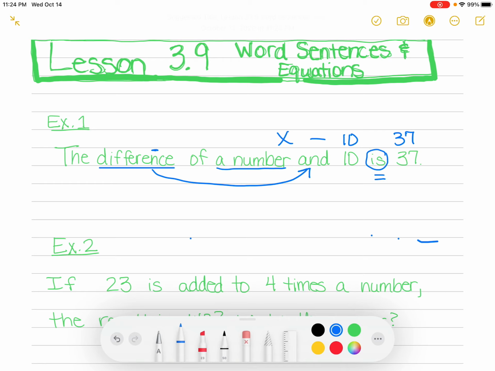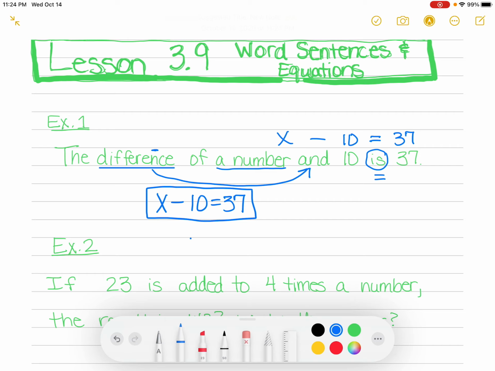When you have the word is, you need to use an equal sign. I really should put that equal sign above it, so let's go ahead and do that. So there's our equation for the difference of a number and 10 is 37. The way you're going to write that is X minus 10 equals 37. And that's your answer for that problem.